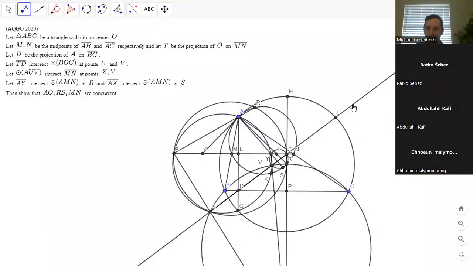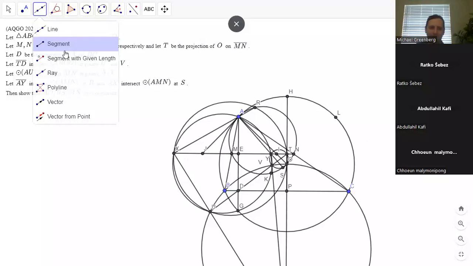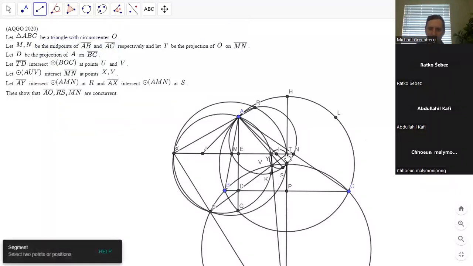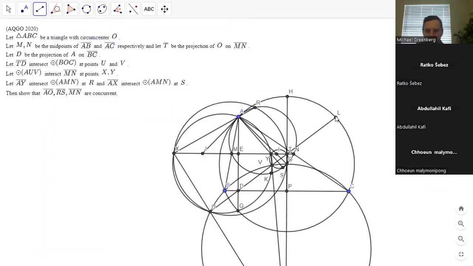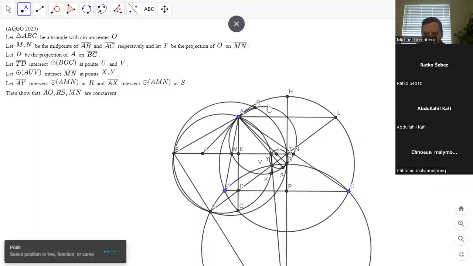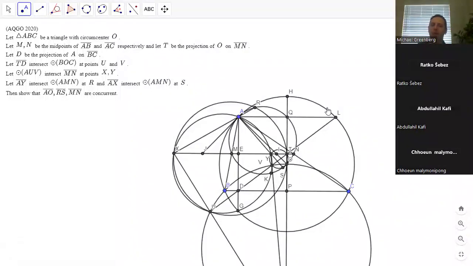No, mixed linear doesn't do anything. And I proved that AL is parallel to BC. Okay. And they would meet on this circle right here. Also, something which I didn't prove but just looked like true is that KI and Q are collinear.